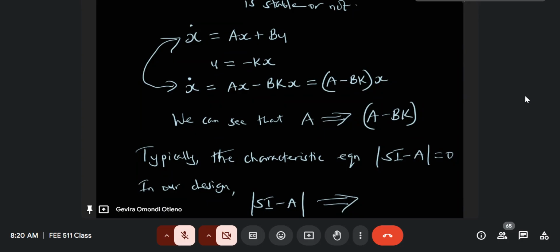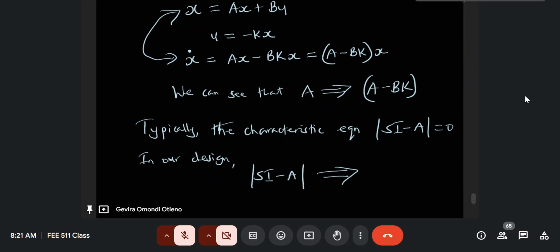Therefore, we have SI minus A, but A has been transformed. Now in the pole placement design, we don't have A, we have A minus BK. So I'll write that it is now A minus BK. This is the determinant now, and we equate that to 0 in order to get the characteristic equation.